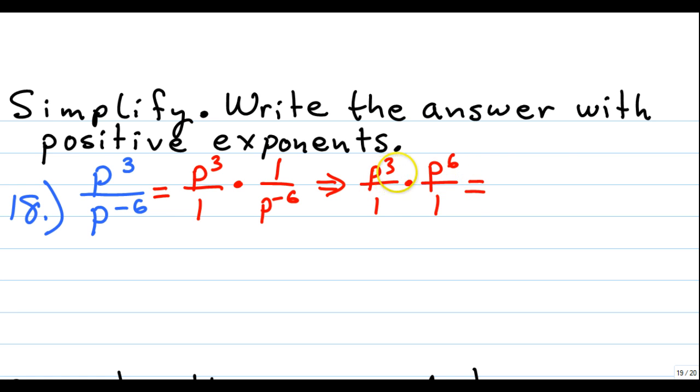P to the third times p to the 6th is going to be p to the 9th power, 6 plus 3, over 1. And continuing on to simplify this, p to the 9th over 1 is going to be equal to just a simple p raised to the 9th power.